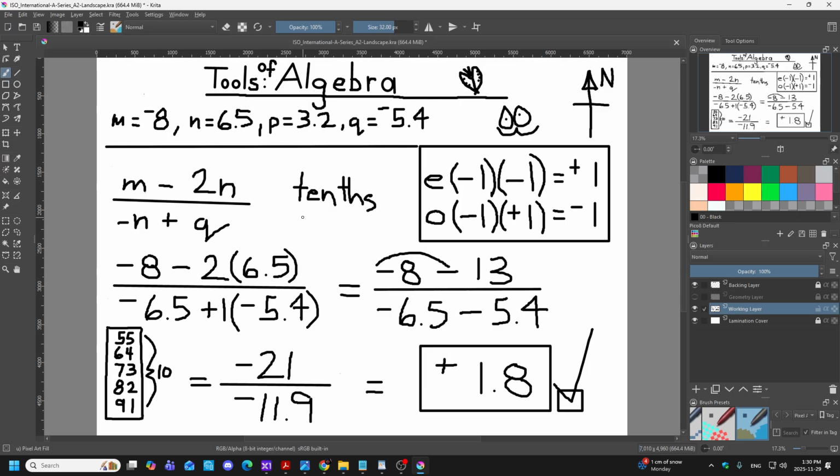Well, you'll have to do that, right? If it's not given to you to display your answer in a certain significant digit, like tenths, hundredths, thousandths, then just assume the accuracy. It's the best you could really do.